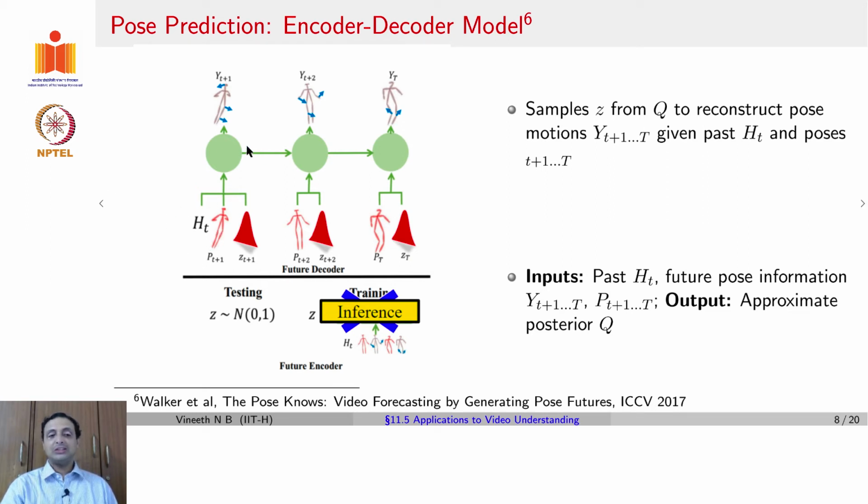The decoder tries to predict what the pose will look like from t+1 to capital T using these velocities. Remember, given a pose and given the velocities, one can construct the pose in all of those time steps from t+1 to T just by adding the velocity to the current pose location.